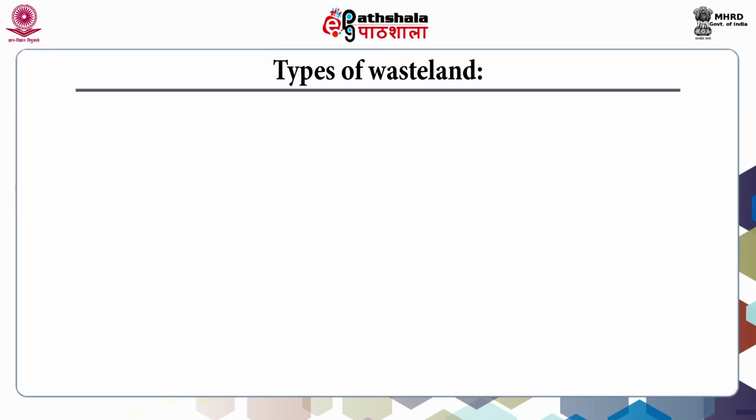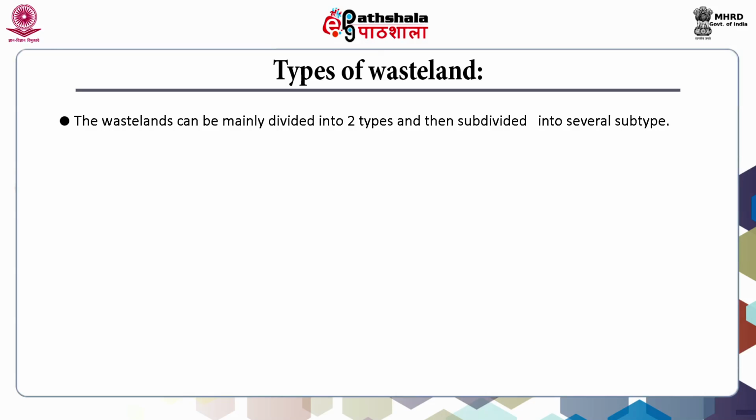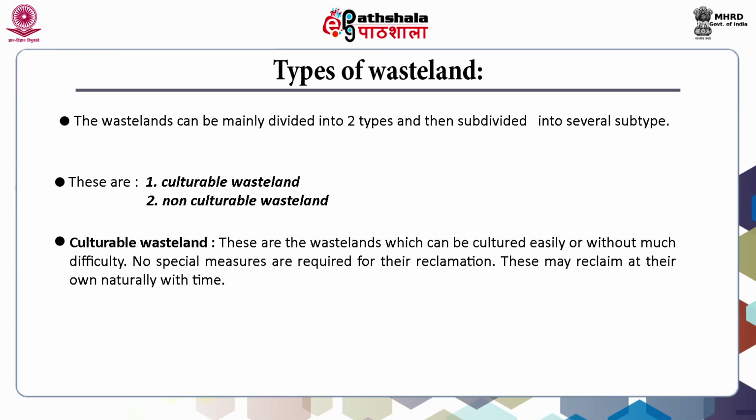Now, what are different types of wastelands? The wastelands can be mainly classified into two types and then subdivided into several types. These two types are number 1 culturable wasteland and number 2 non-culturable wasteland. Defining culturable wasteland, these are the wastelands which can be cultured easily or without much difficulty.